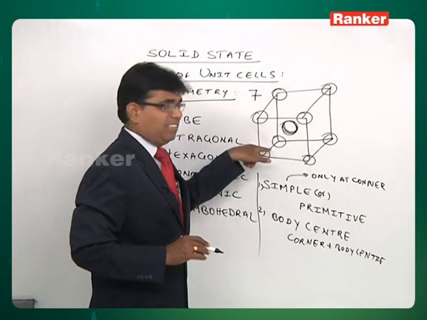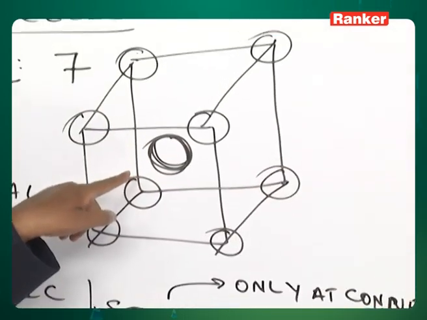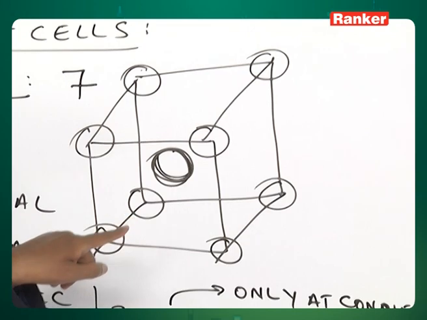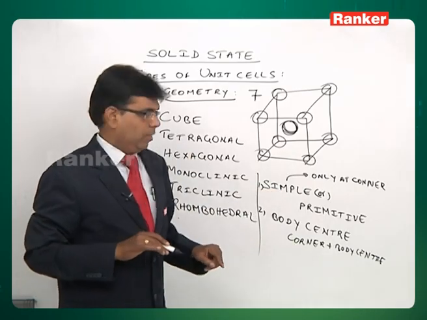Along with the 8 corners, one atom or ion, that is a particle, is also placed at the center of the body.